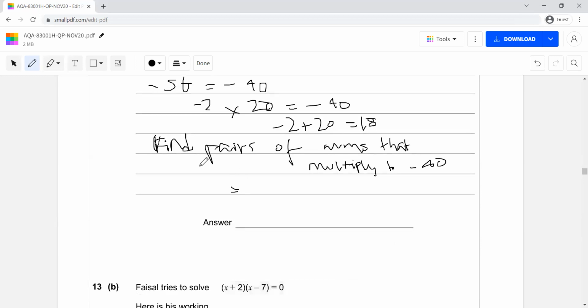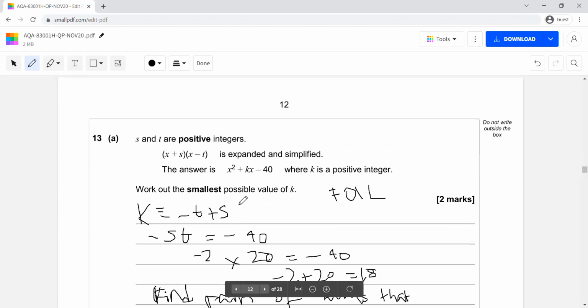And then step two is to sum them together, and see for which two numbers you have the smallest sum.